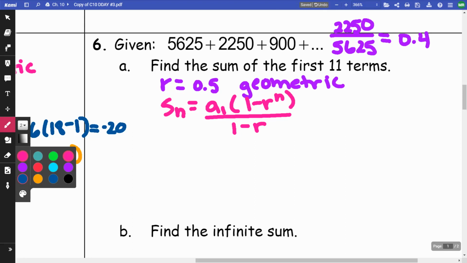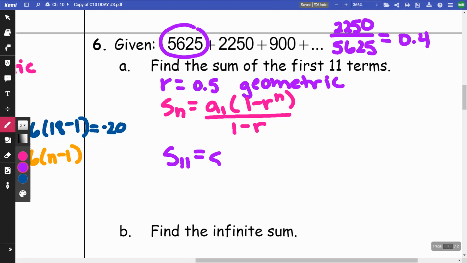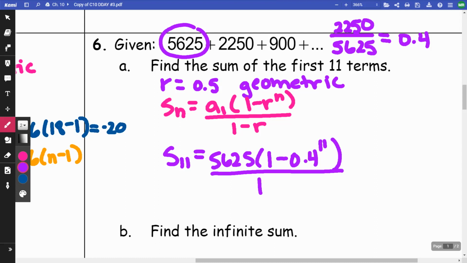So when I substitute this in, and I want to find the sum of the first 11 terms, my first term is that 5,625, times 1 minus my r, that 0.4, to the power 11, all over 1 minus 0.4. Put that into my calculator.